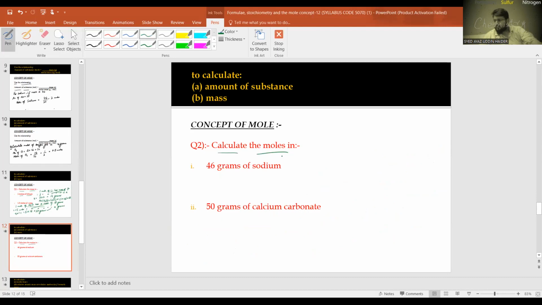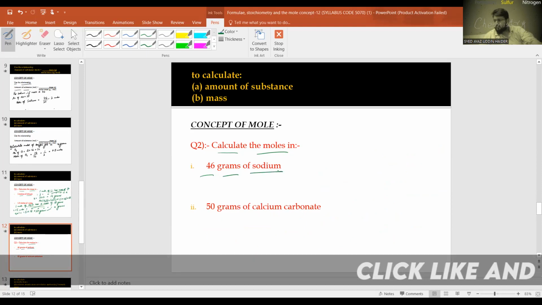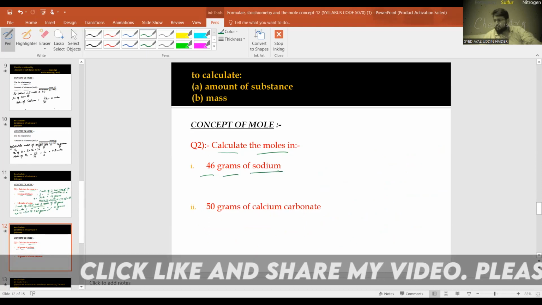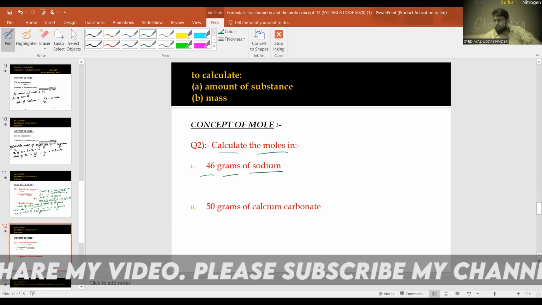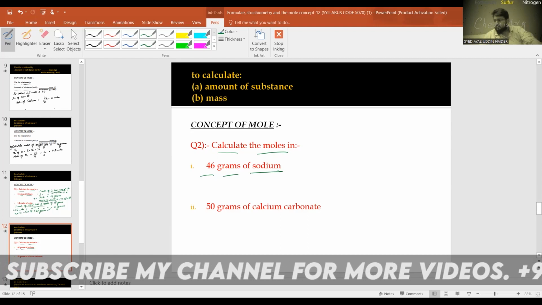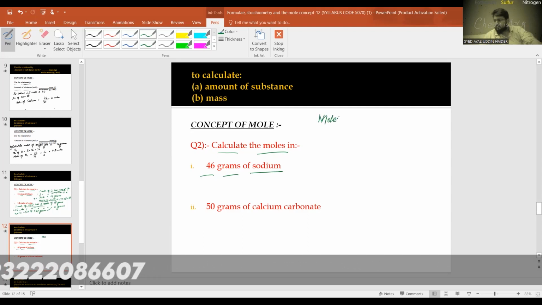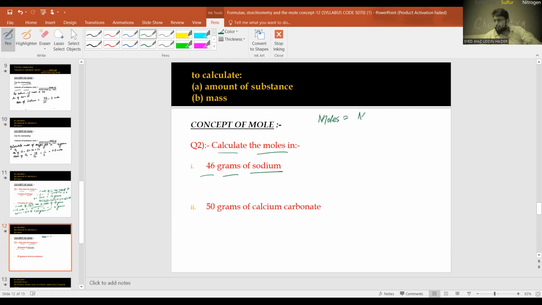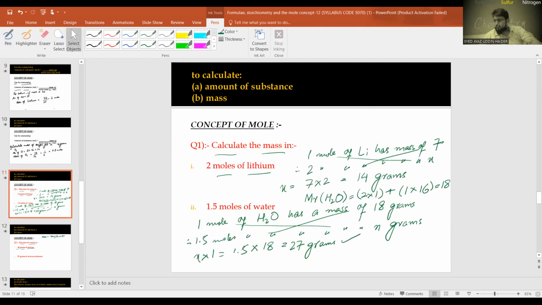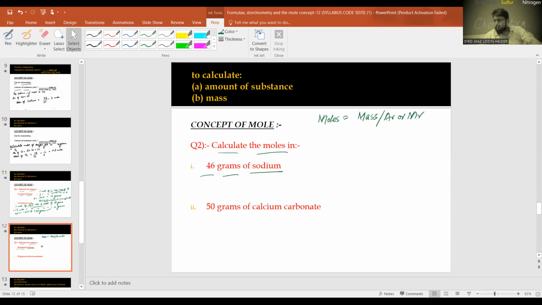Calculate the moles in 46 grams of sodium. Now I want to calculate the moles in 46 grams of sodium. You have 2 ways to solve this. Either use this formula, moles is equal to mass by AR or MR, or develop a relationship like the one I have performed here.